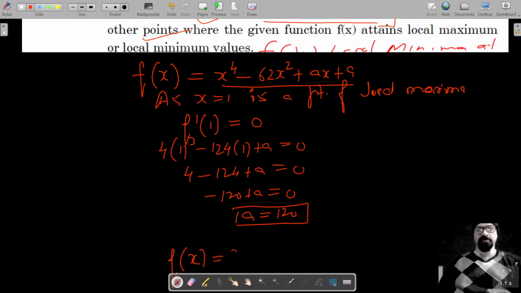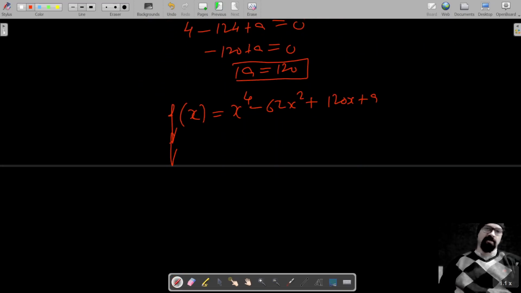Our function is now x raised power 4 minus 62x squared plus 120x plus 9. And now the first order derivative is 4x cubed minus 124x plus 120.